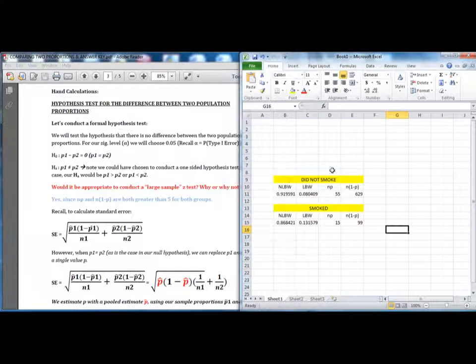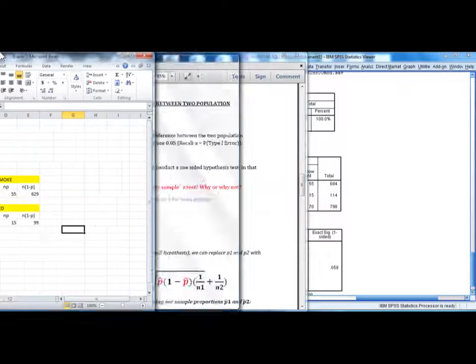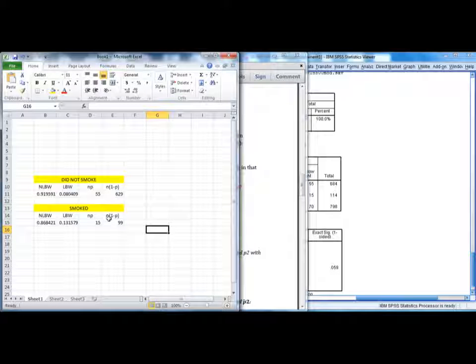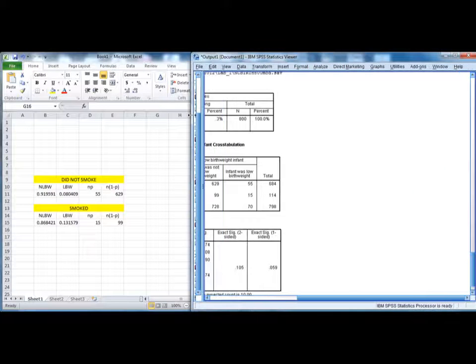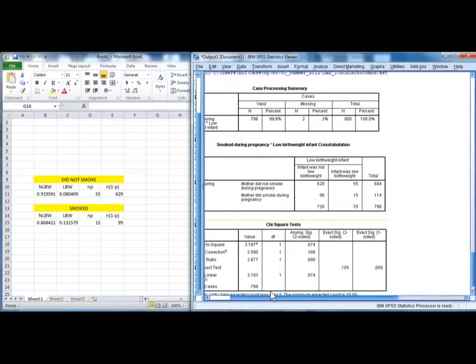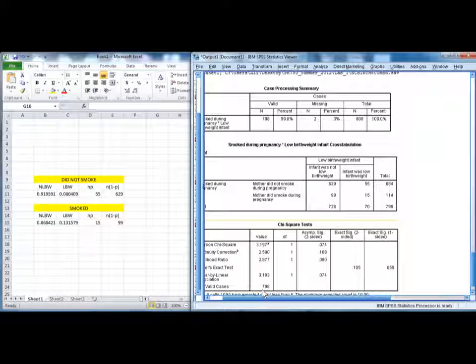I have it here in Excel worked out for you, just to confirm that that is the case. They are both greater than 5. How did I get these values? If you look in the cross tabs from SPSS, we saw the two groups which we were comparing, mothers who smoked to mothers who did not smoke. The response variable we were interested in was the proportion of low birth weight babies.